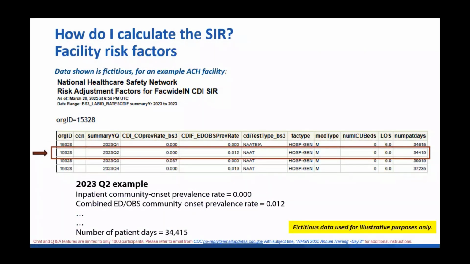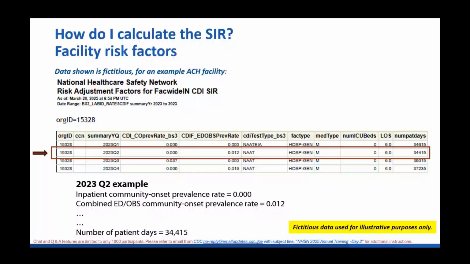So now let's work through an example. We have to go from the table we just saw with a bunch of levels and estimates in it into a calculation where we compute what the expected number of events are. So here is a totally fictitious hospital. We are going to calculate what's in this red box here. This is a random quarter for this made-up hospital, and all of the data that goes into the risk model are laid out here in this table.